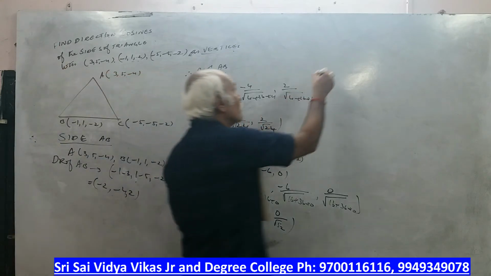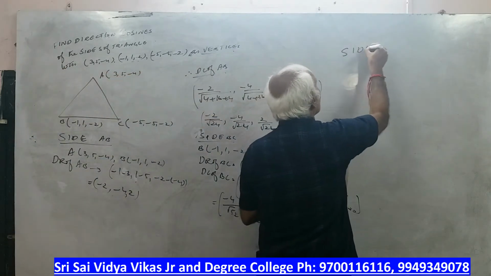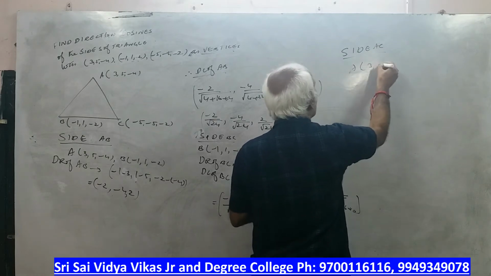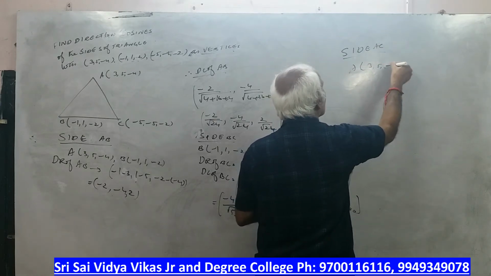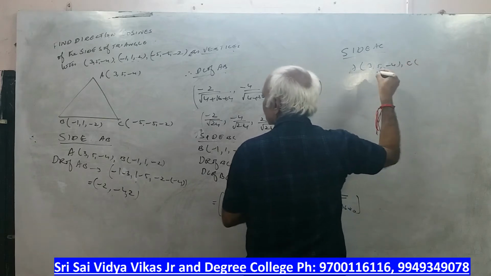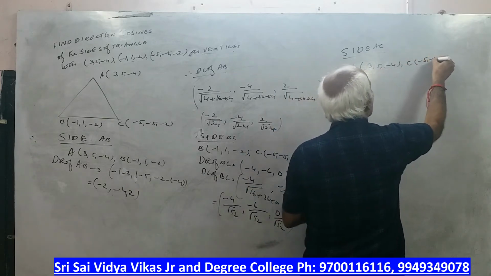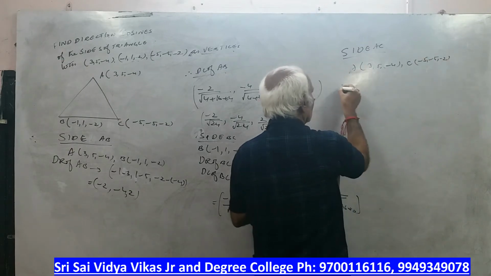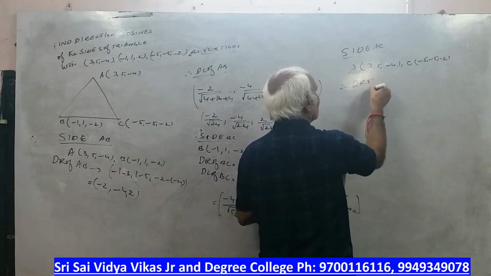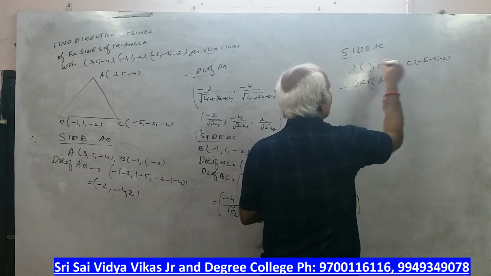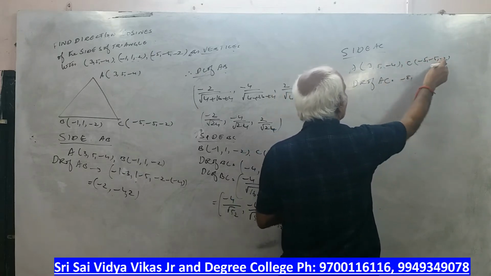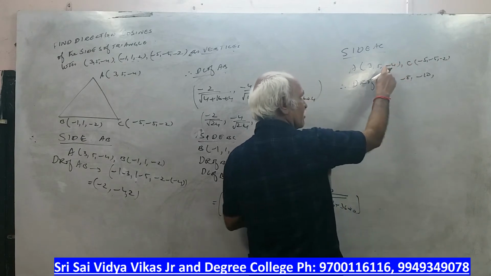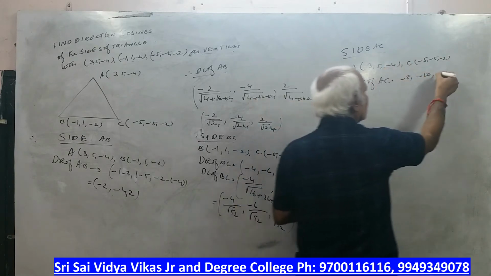Next side AC. So what is the A point, sir? 3 comma 5 comma minus 4. And what is the C point? Minus 5 comma minus 5 comma minus 2. Right? Therefore, DRs of AC: minus 5 minus 3 is minus 8, minus 5 minus 5 is minus 10, minus 2 minus of minus 4 will become plus 4, so it becomes 2.